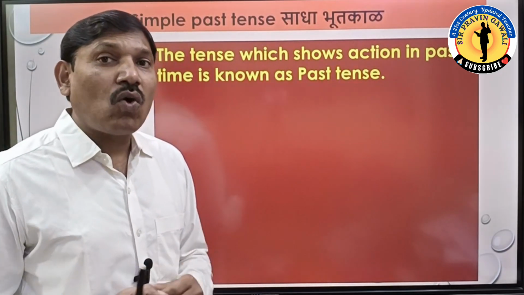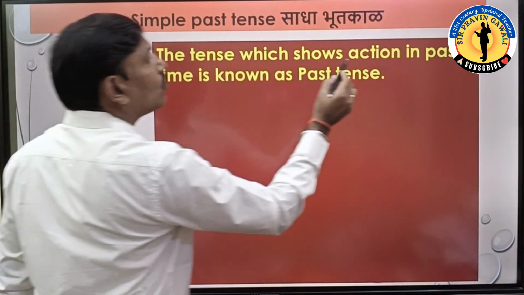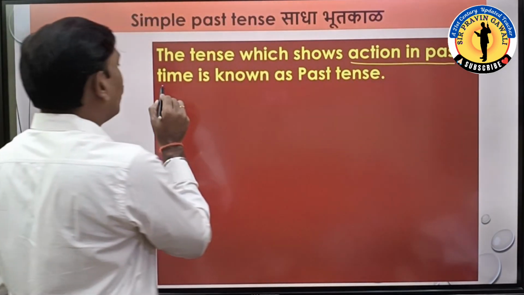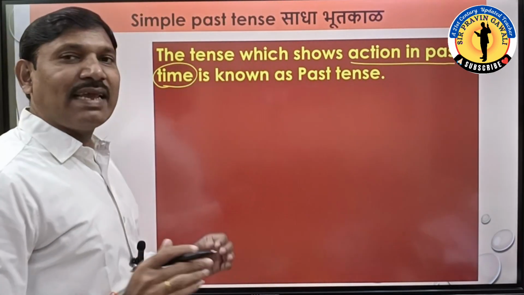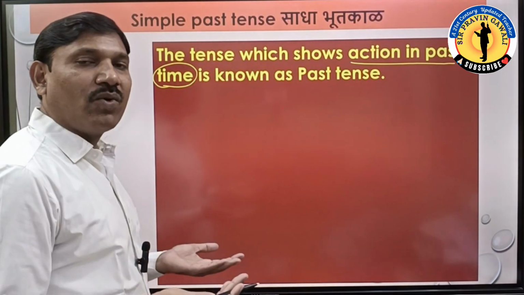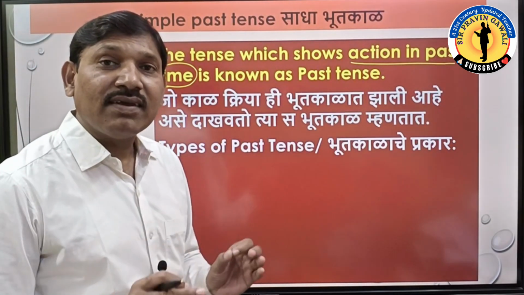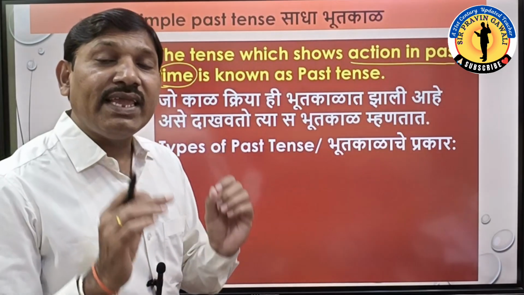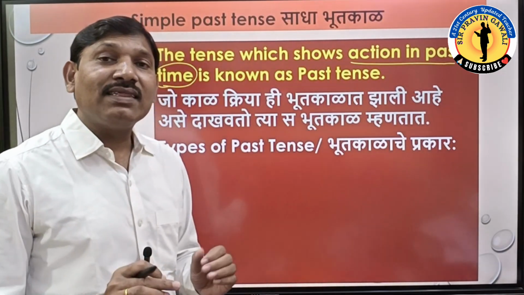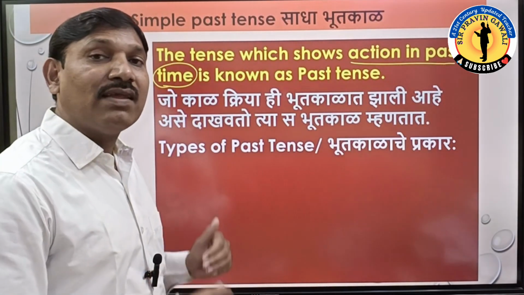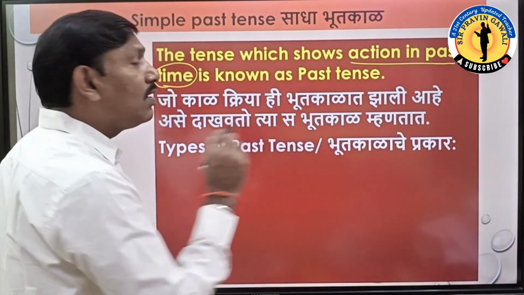The tense which shows the action in the past time. The past time means the time which has passed away. Have you understood when do we use past tense? If you want to show any incident, experience, or event that actually passed away in the past time, that time we use the past tense.